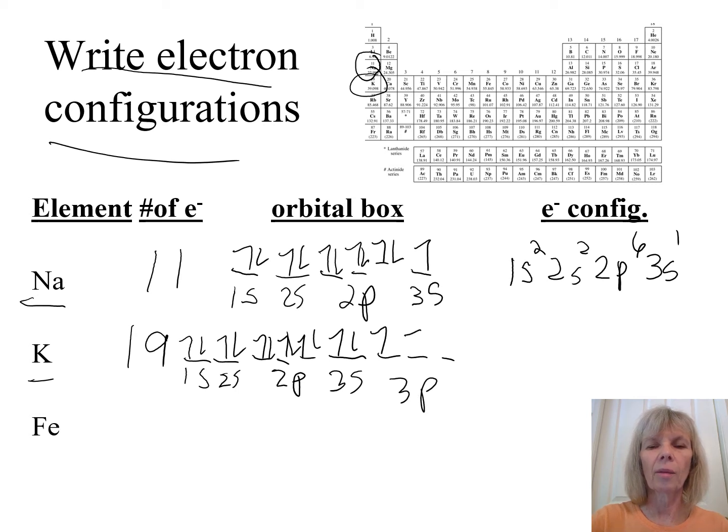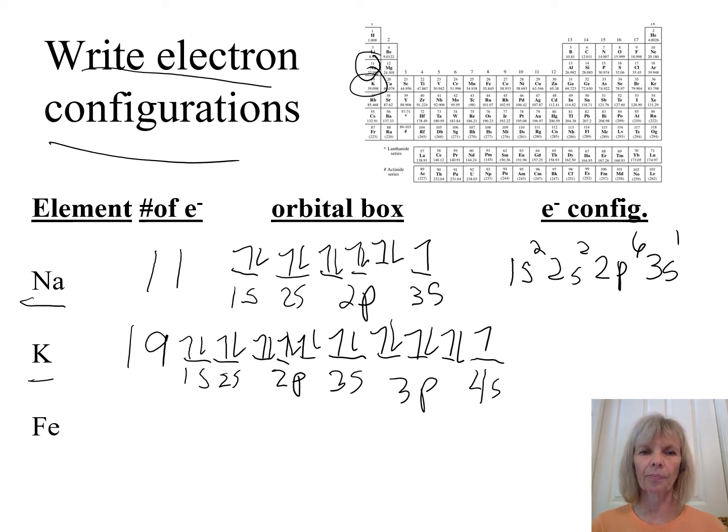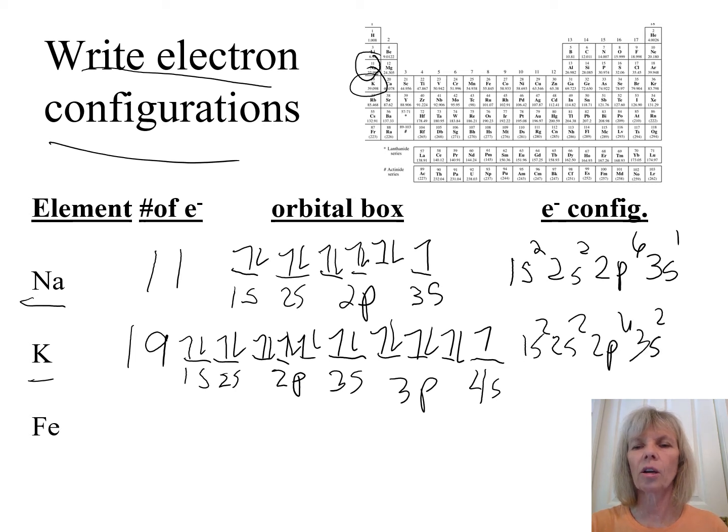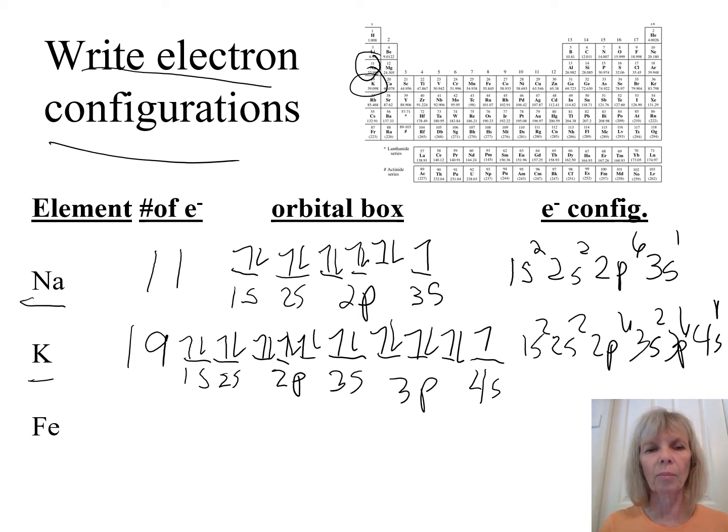And again, we spread them out first, then we pair them up. And right now we've used up 18 electrons. We have 19. After 3p comes 4s, and we put 1 electron there. So now the electron configuration goes 1s squared, 2s squared, 2p6, 3s squared, 3p6, 4s1. And if you do enough of these electron configurations, you are going to quickly have that order memorized.